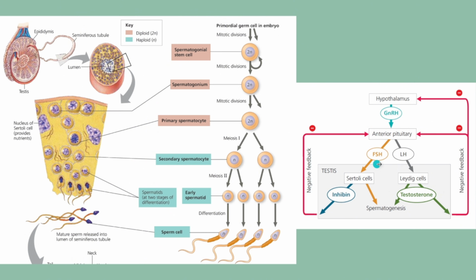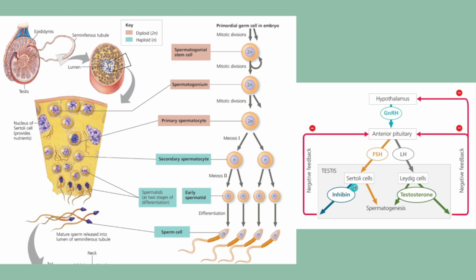So normally, FSH, the follicle stimulating hormone, will stimulate the Sertoli cell located within the seminiferous tubule to nourish the development of the sperm. So this is one of the cells that plays a major role in the development of the sperm in the seminiferous tubule.